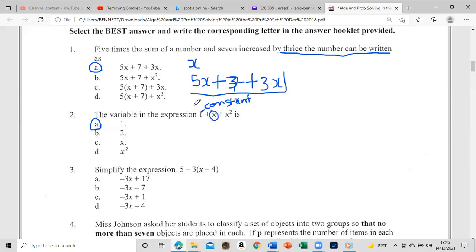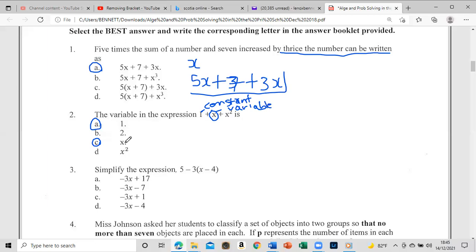This one is a constant, so this is the variable. Sorry, if a number is in front of it, that would have been. So it's the variable, one letter.